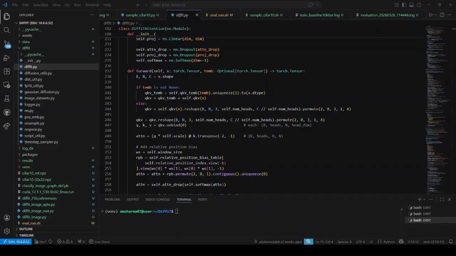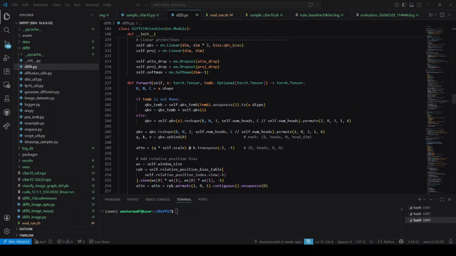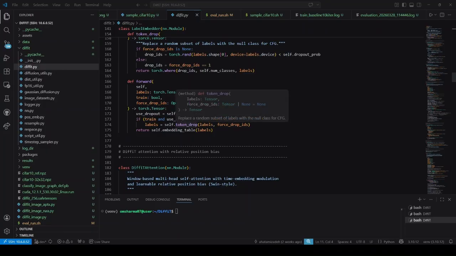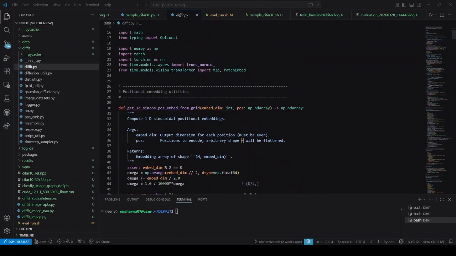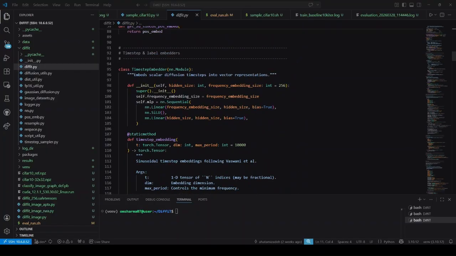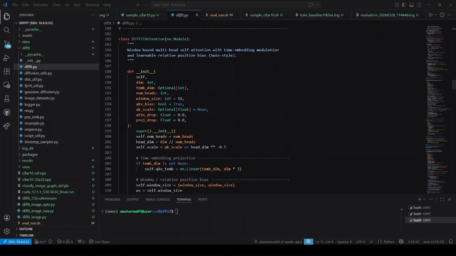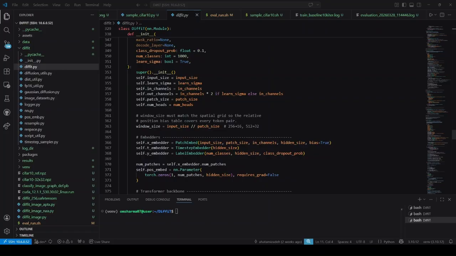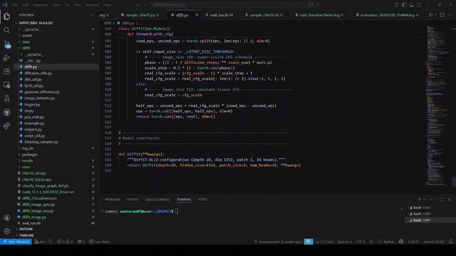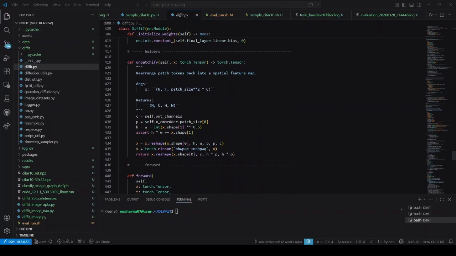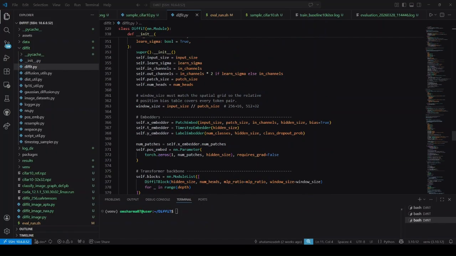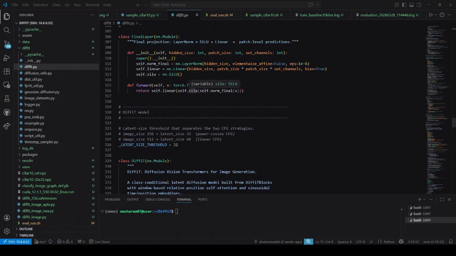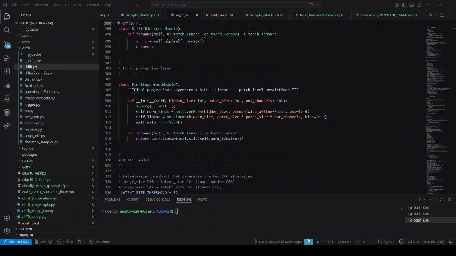Instead of operating on 32 cross 32 pixel images, the model works in a compressed 32 cross 32 latent space, and it uses a VAE that encodes the 256 cross 256 image down to 4 channels at 32 cross 32. These are the positional embeddings to generate the time-based attention. After denoising, a VAE decoder reconstructs the full image.